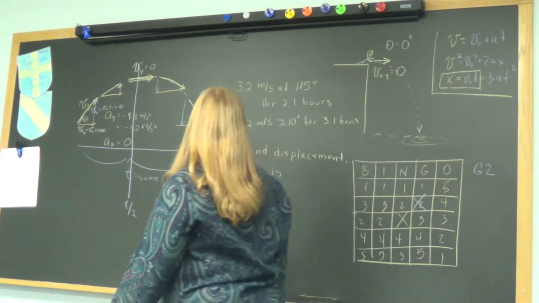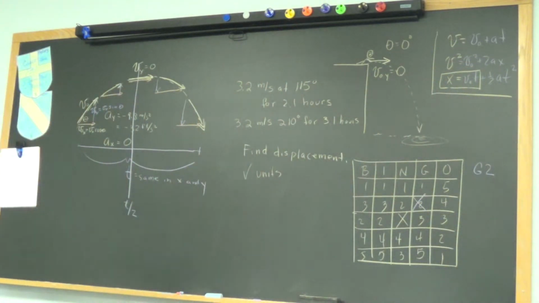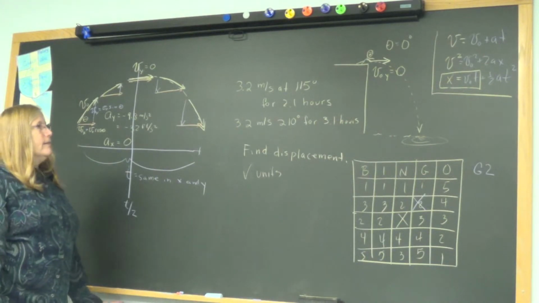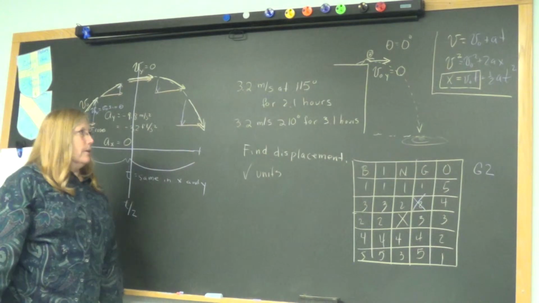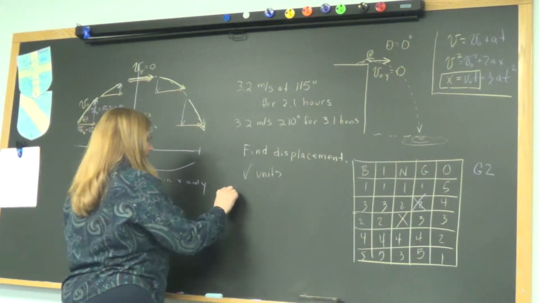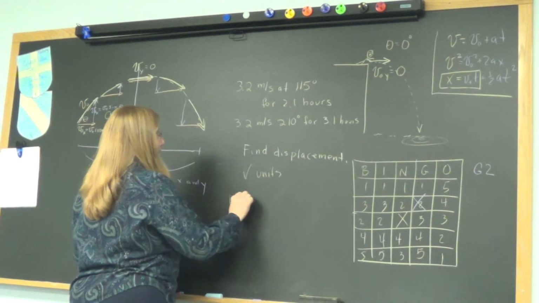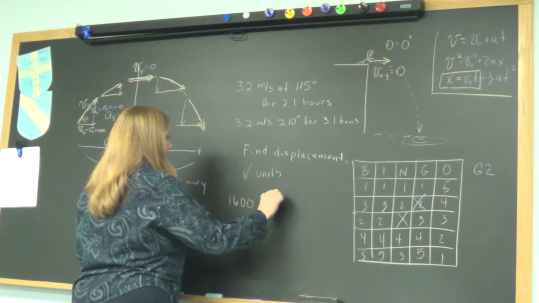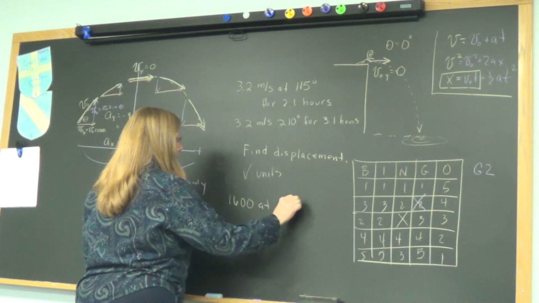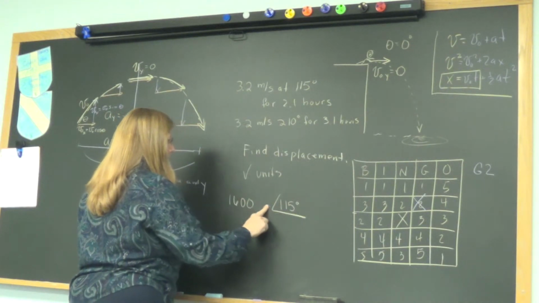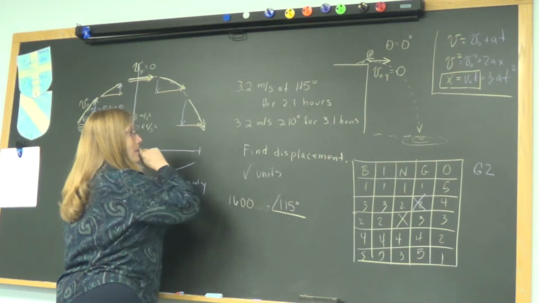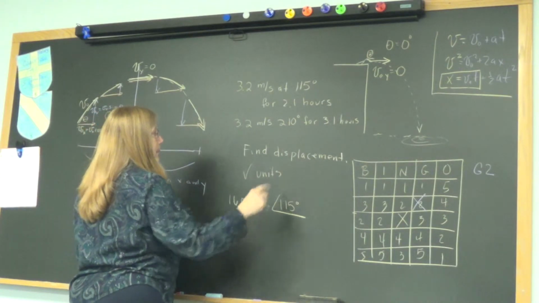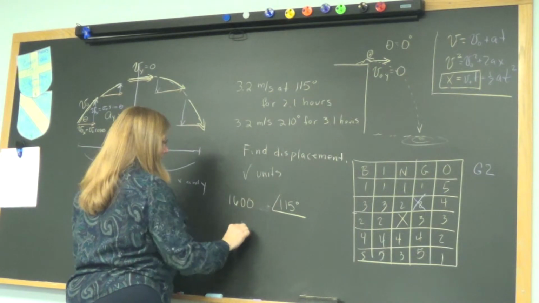All right. Then we have a number with an angle and a number with an angle. So say this came out to be 1600 at 115 degrees. So I'll just write it like that. And this came out to be, this was longer, so I'll say 1700.